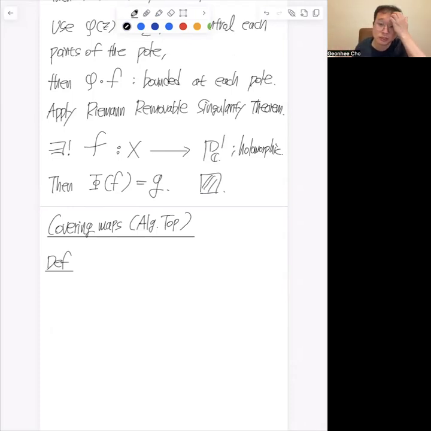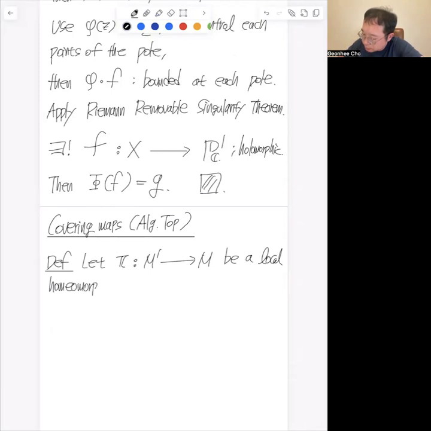So let pi be a map from M tilde to M, and let us assume this is a local homeomorphism between two topological manifolds.